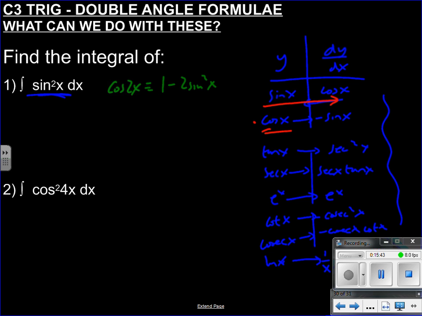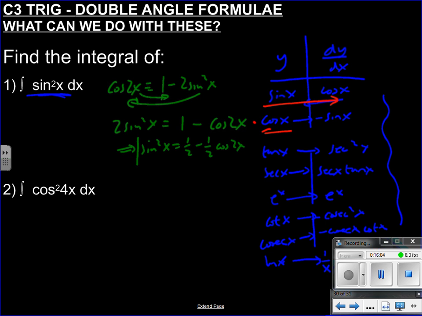That's one version of cos 2x. Notice if we rearrange and make sine squared the subject, so if I move the sine squared over and move the cos over here, I get 2 sine squared x is 1 take cos 2x, and then if I divide by 2, I get sine squared x is a half take half cos 2x.